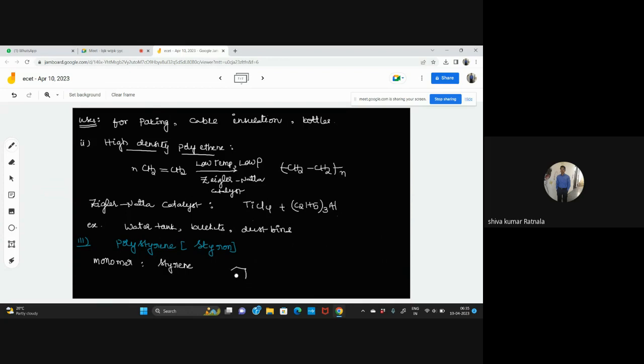The structure of styrene is this. It is also called vinyl benzene. So how do we get it? See.